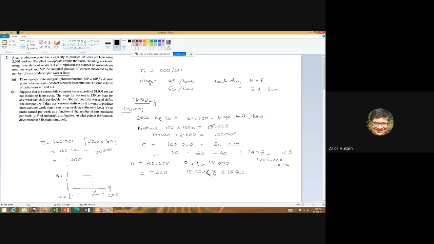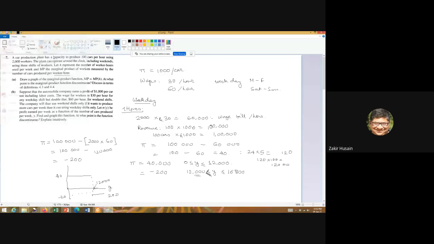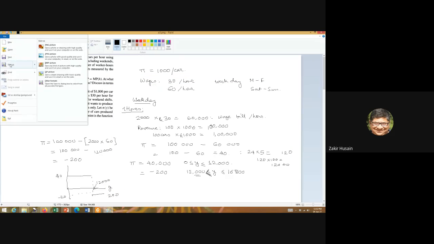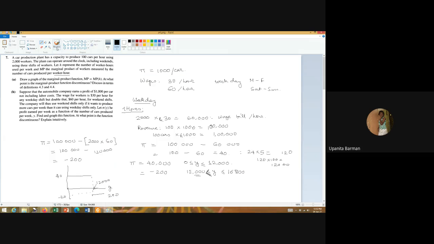So there's a break or discontinuity over here at this point, which is this 12,000. Could you explain the graph once more?